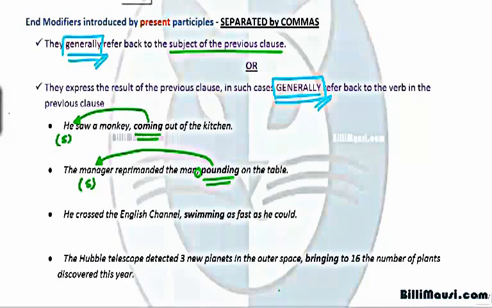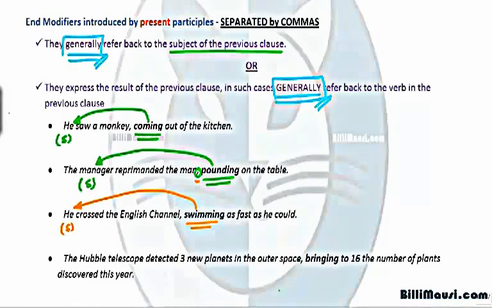In the earlier example where we did not have this comma, pounding was modifying the man. So this is a subtle difference which you need to realize and be careful about. The next sentence we have, he crossed the English Channel, swimming as fast as he could. Swimming, again, is modifying he, the subject of the previous clause.